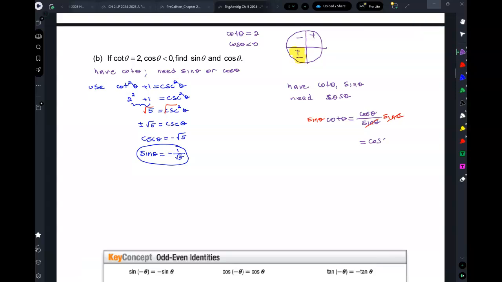So cosine is sine times cotangent. So what's sine? Negative 1 over root 5. Cotangent is 2. So cosine is negative 2 over root 5.